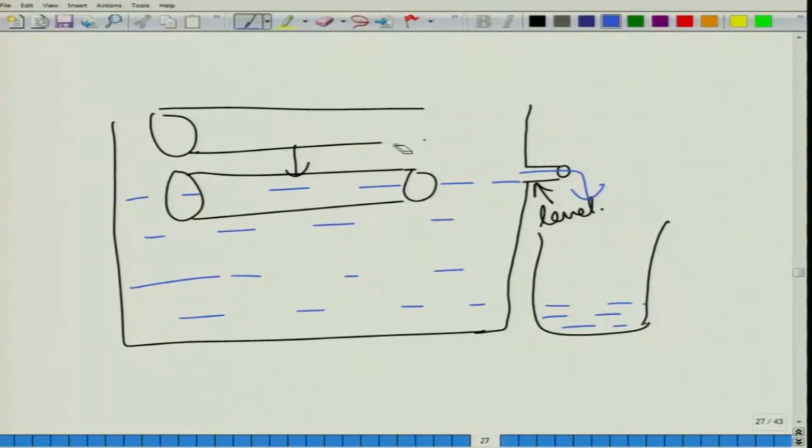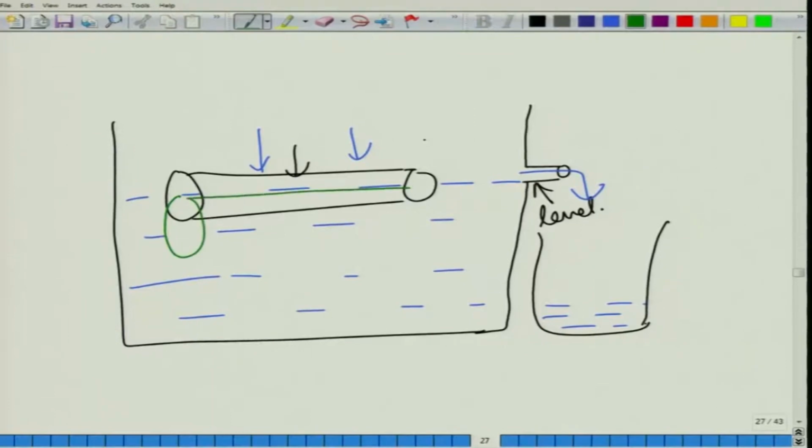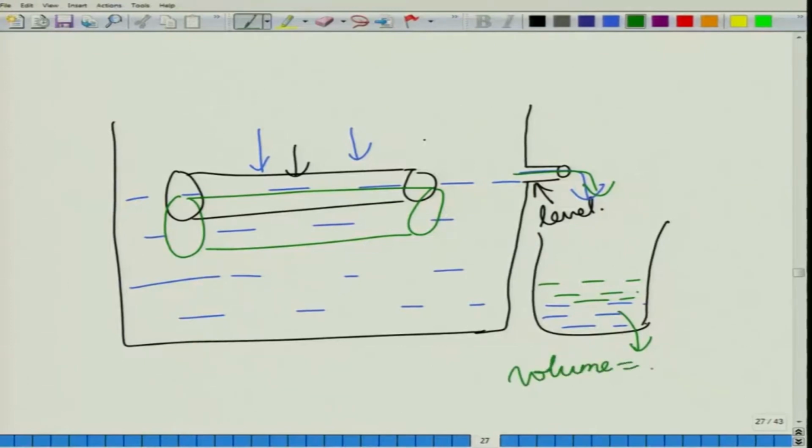Then you apply even more force to this wood, such that it gets completely immersed in water. When it does so, it will displace a further amount of water, and this volume, the amount of water that has been displaced, will be equal to the volume of the sample.